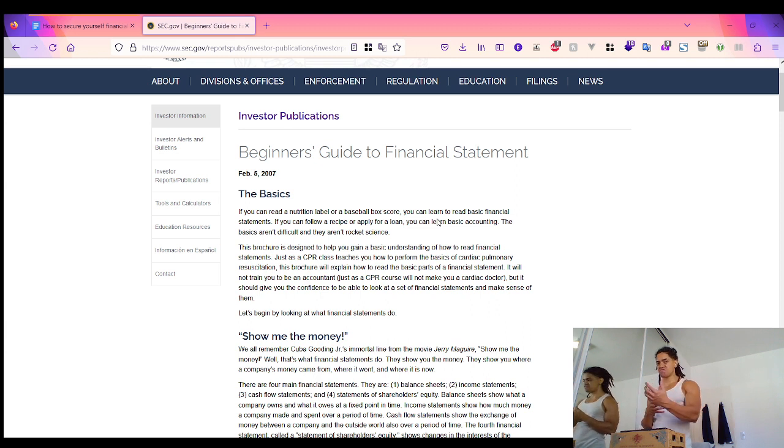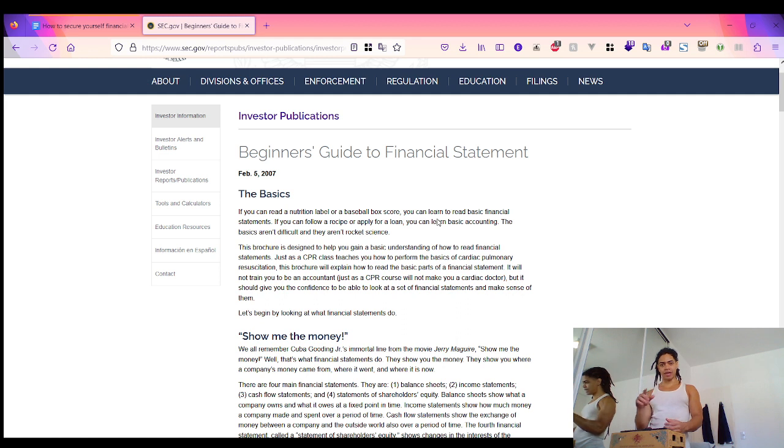Right now we're going to look at the first three financial statements. The balance sheet shows the company's assets, liabilities, and shareholders' equity.